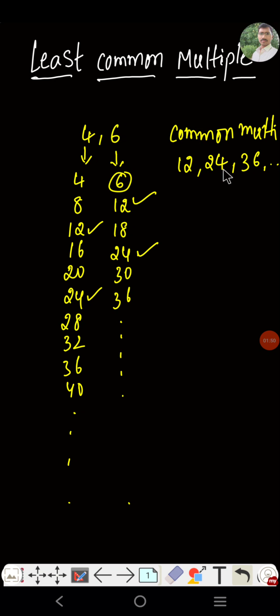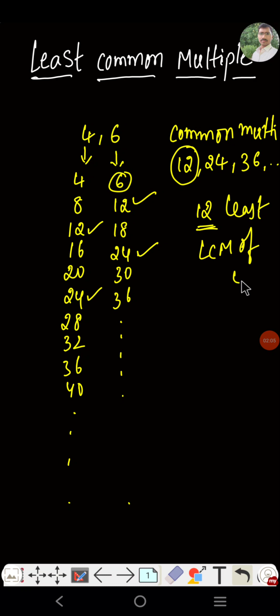So among these common multiples, what is the least common multiple value? 12 is the least common multiple value. That's why 12 is called the LCM of 4 comma 6. Is it clear? It's very simple.